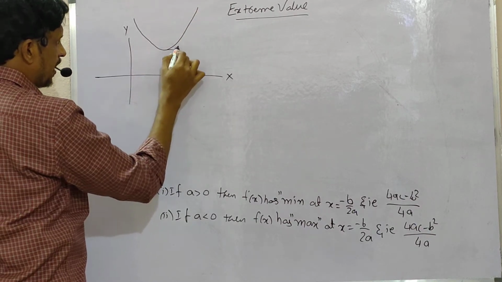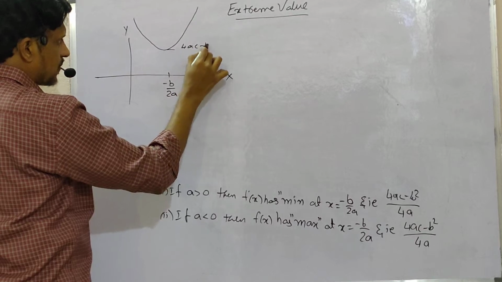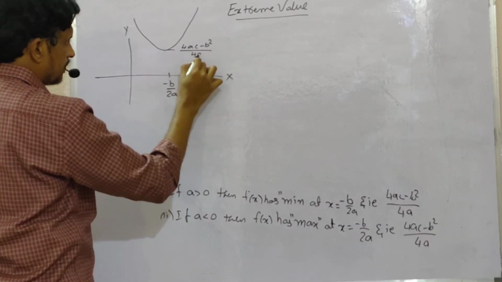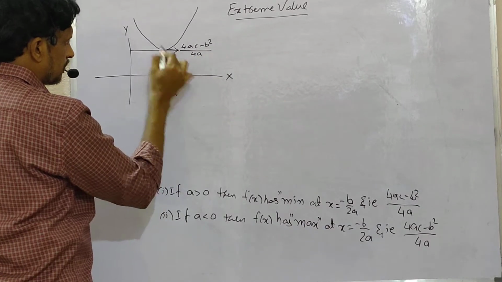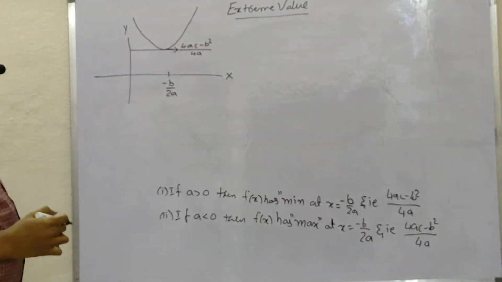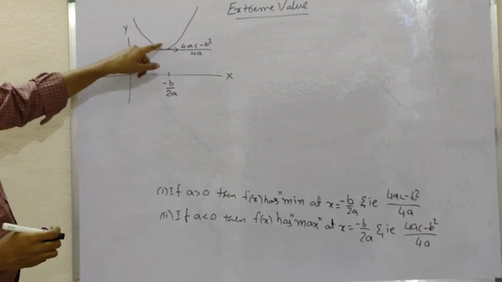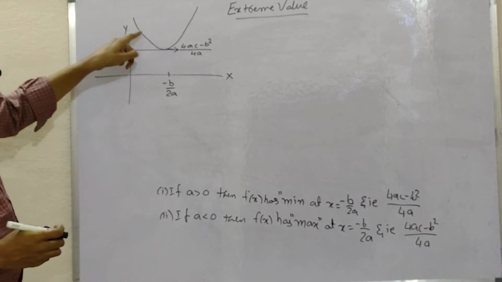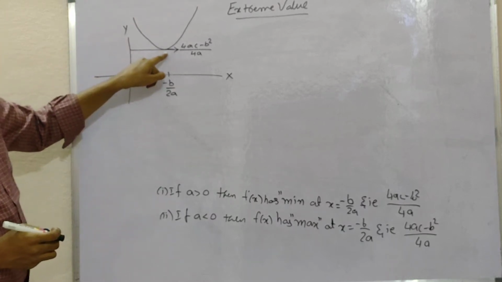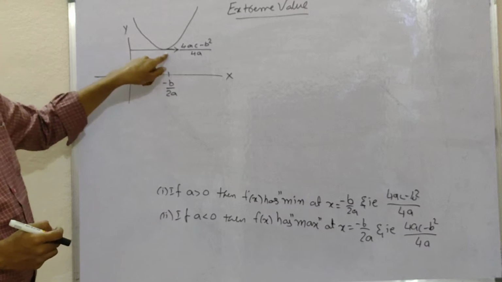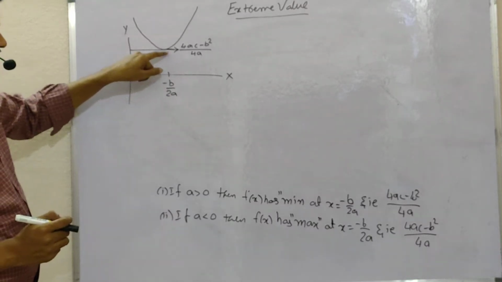So this particular value is (4ac minus b square) by 4a. The given expression has a minimum value, and these are the possible values of f of x. Among all the values you can find (4ac minus b square) by 4a, which is the minimum, and then it is again increasing.